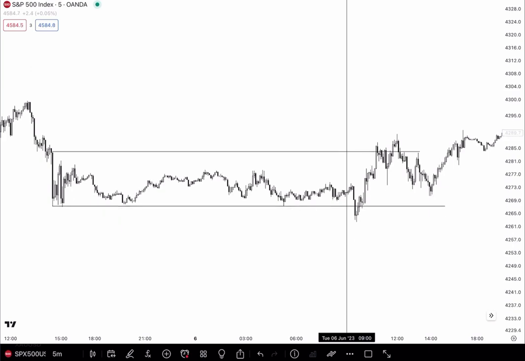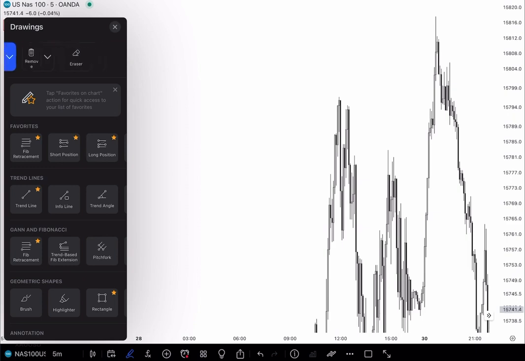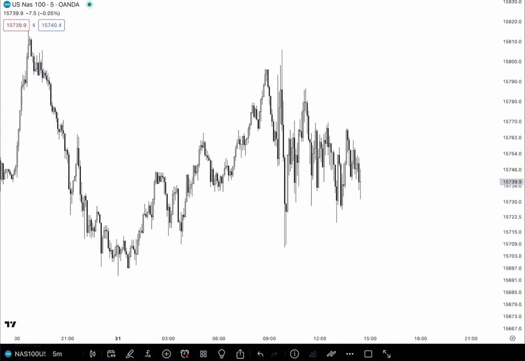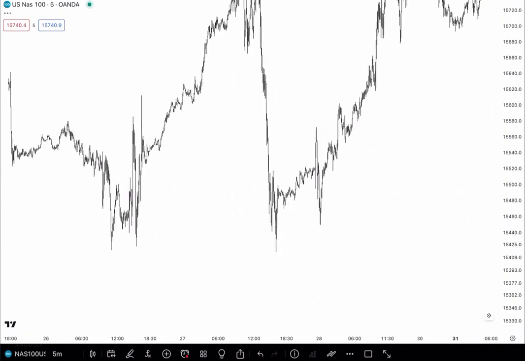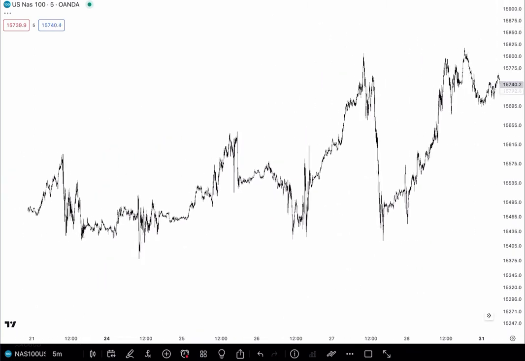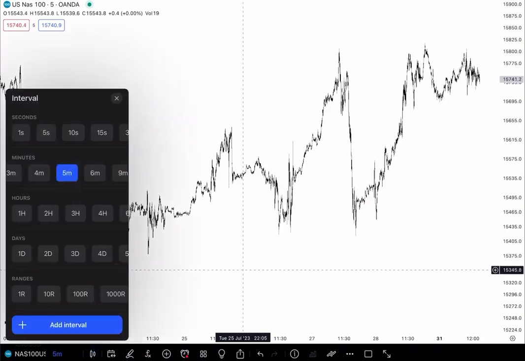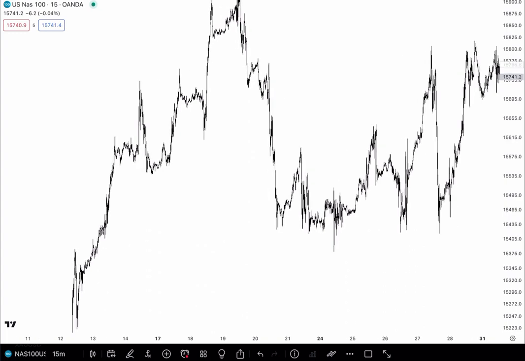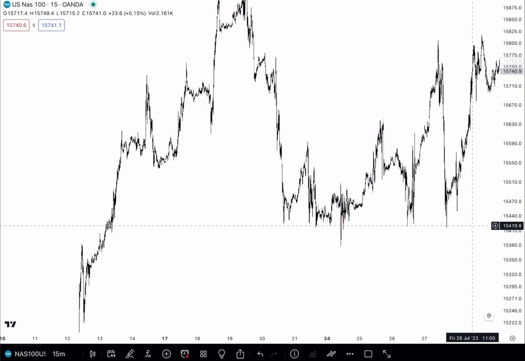A more recent example, NASDAQ 100. Same exact thing happened over here. Even though it's been a while since I've looked at the indices, I had watched this one, I think it was last Friday, if I'm not mistaken.